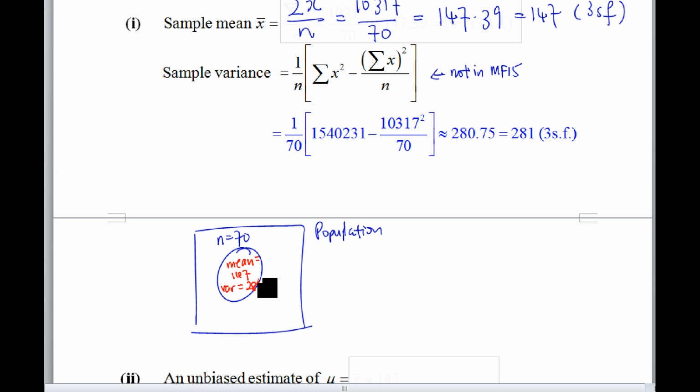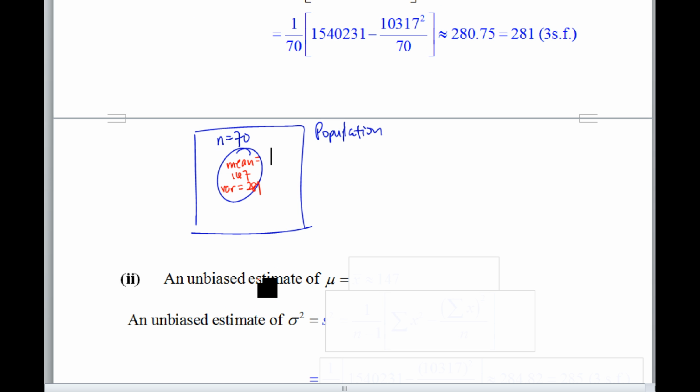But the question is asking, can you use this data that you collected to estimate the population mean and variance? Quick answer, for mu, no problem. You can safely use that. It is an estimate, an unbiased estimate must be the sample mean. Same, good enough. Correct?